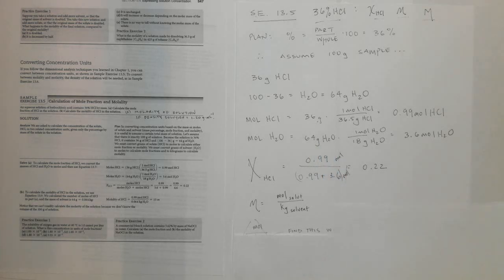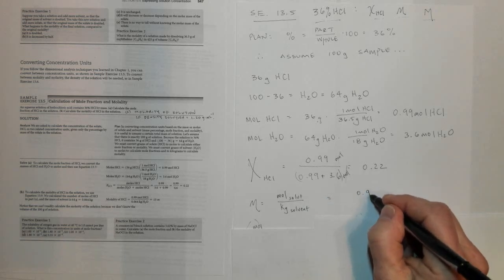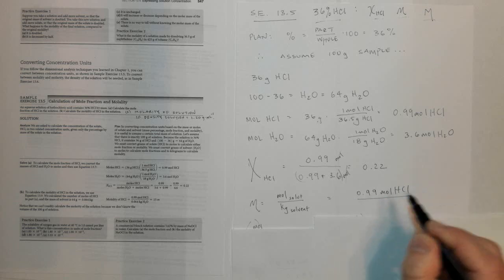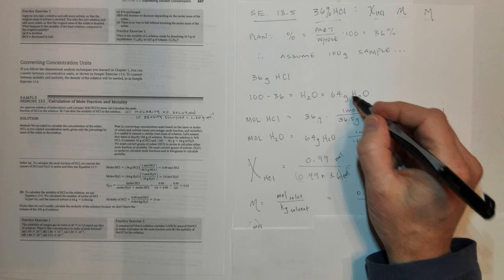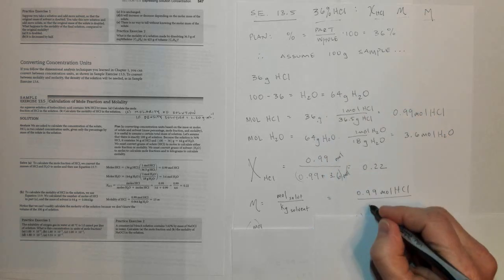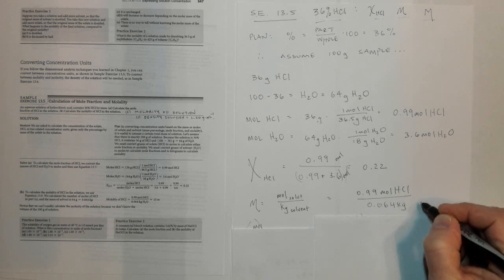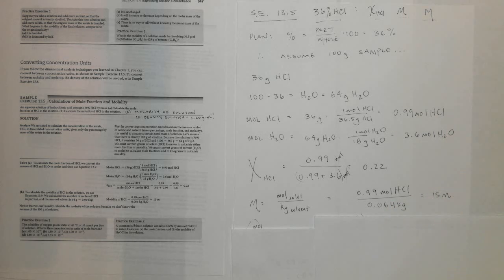So we take 0.99 moles of HCl and divide it by kilograms. Remember, this is 64 grams, so 3 to the left, 1, 2, 3 would be 0.064 kilograms of H2O, and this turns out to be 15 molal.